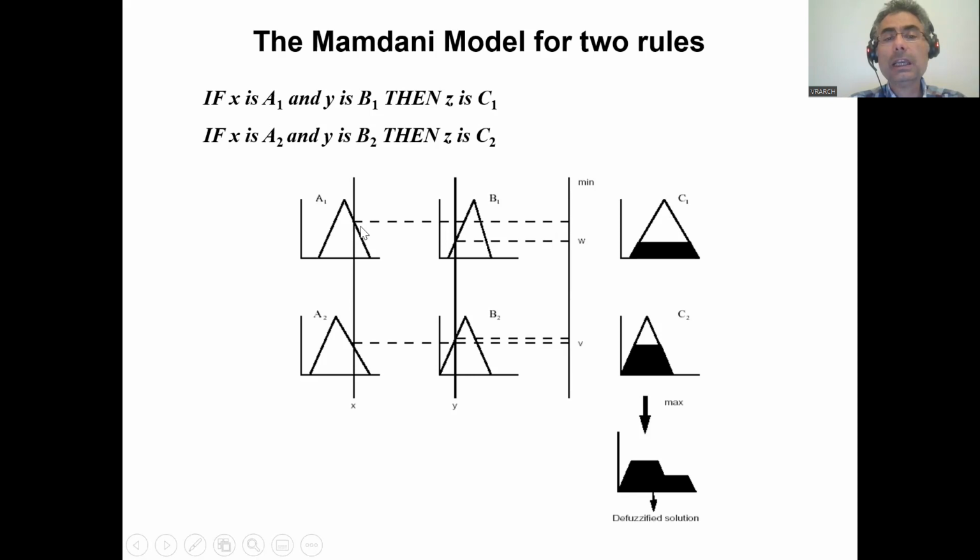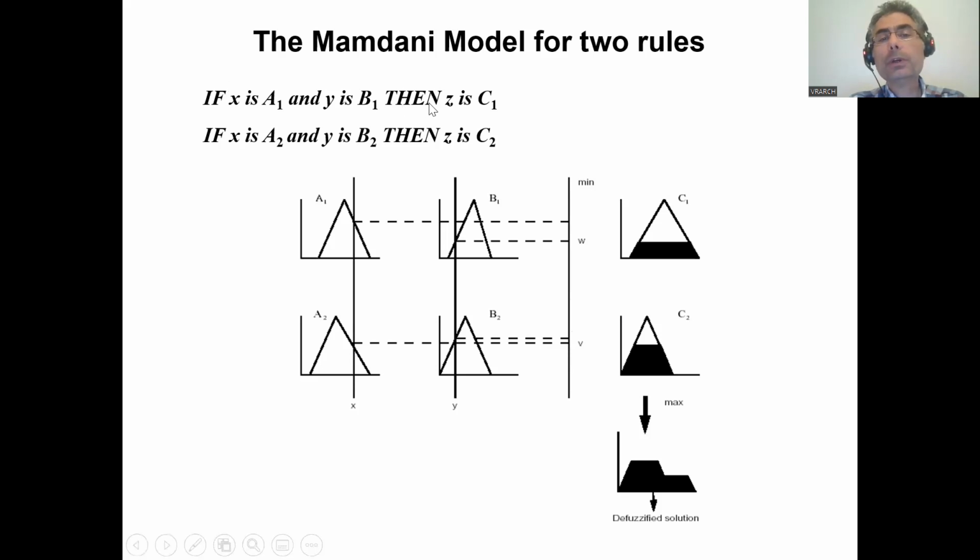So initial stage, and this means that we use minimum. So okay, x is a1 and y is b1, and here you need to take the minimum. Yeah. And then the second rule is x is a2 and y is b2, you take the minimum here. Now you complete that part.